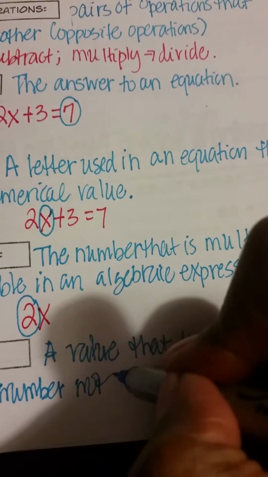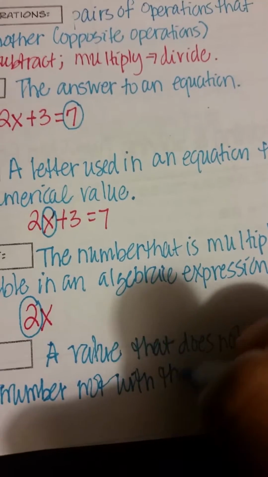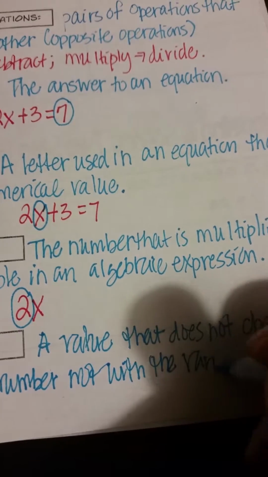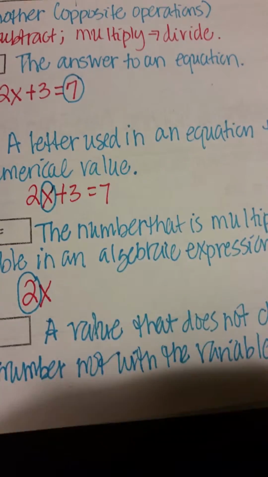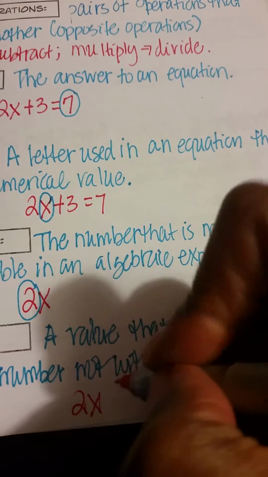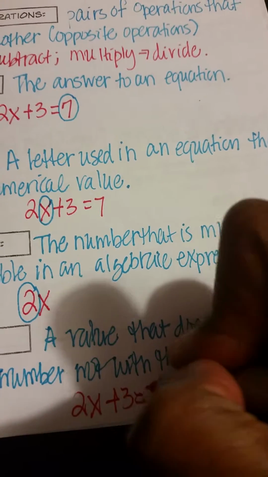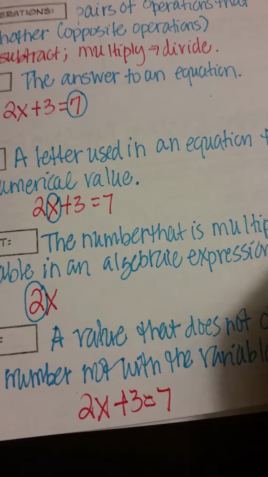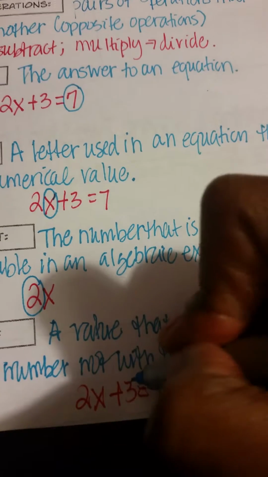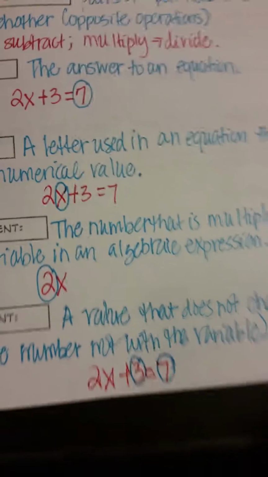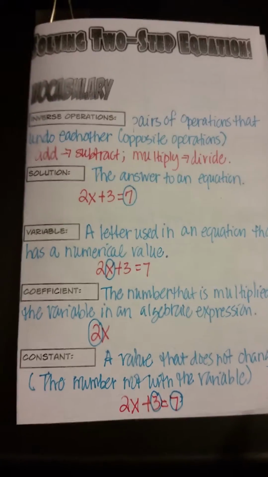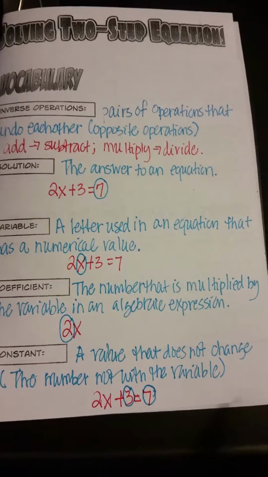Okay, and I'm going to write that same equation down. 2x plus 3 equals 7. So our constants here would be 3 and 7. Okay. So there you have your vocabulary words.